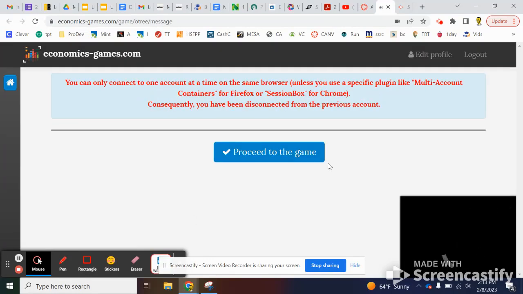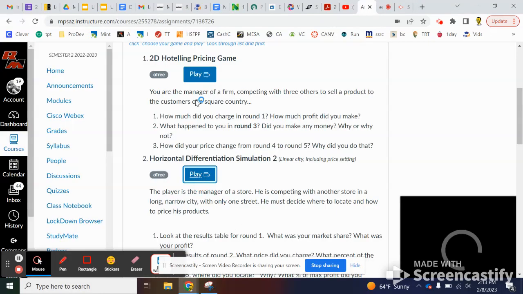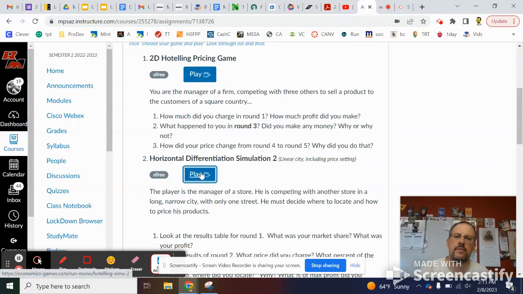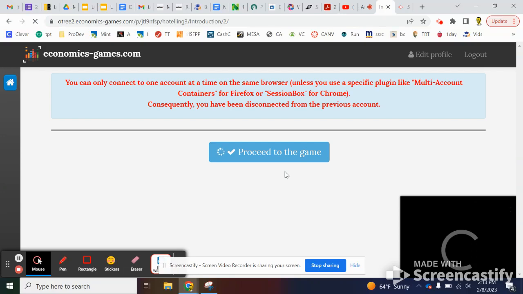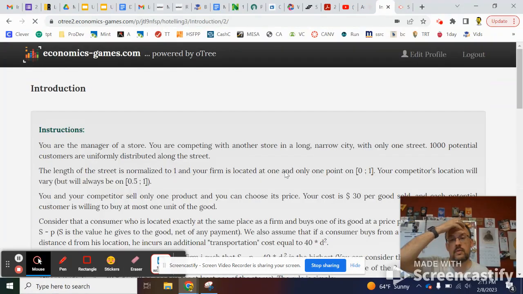In the previous game, you had 3 competitors. Now you have 1 competitor. Okay, proceed to game. Note when I click on the canvas page that I have the play buttons here that you can click on to get to the game. Okay, and I'm still waiting for it to load.